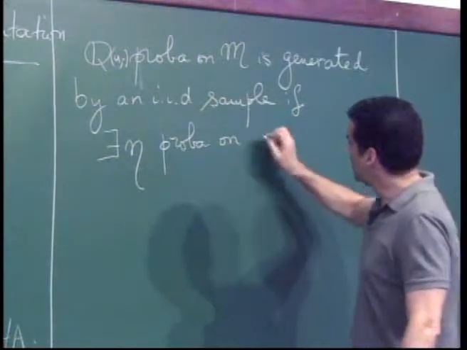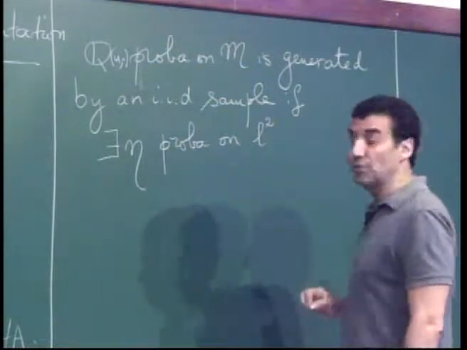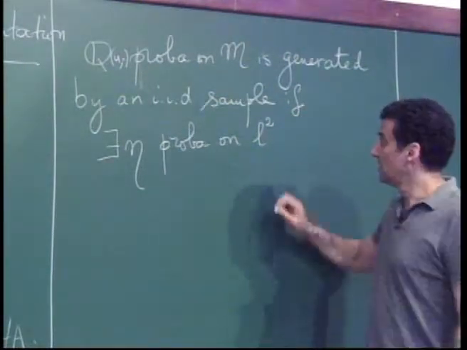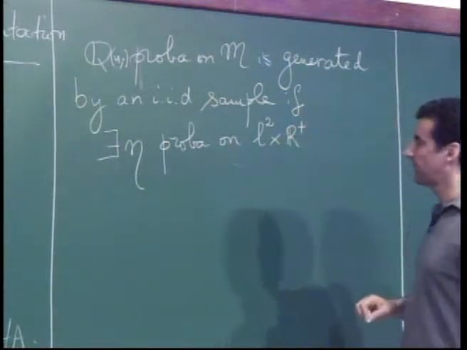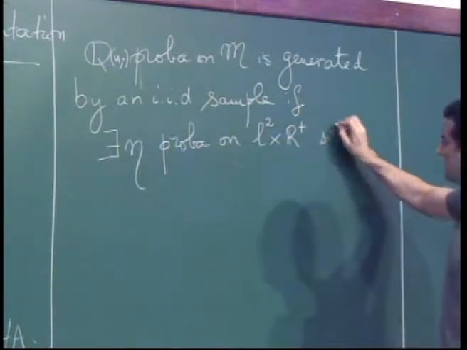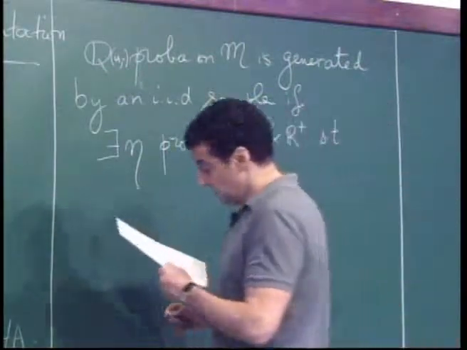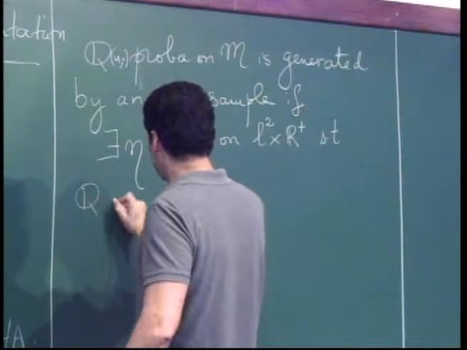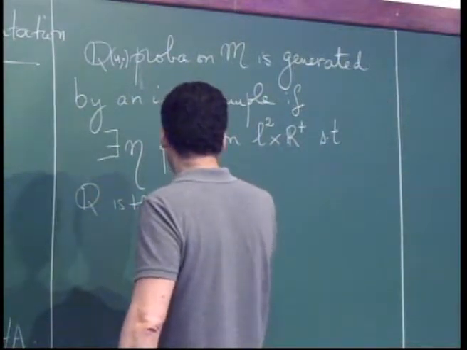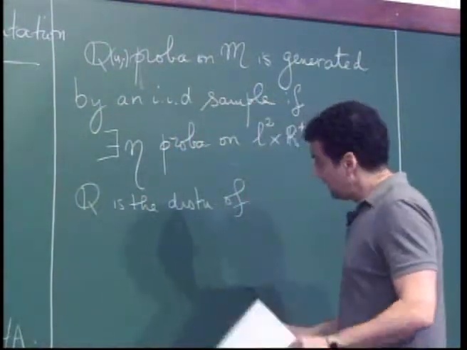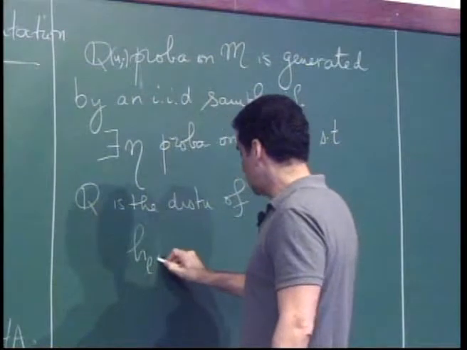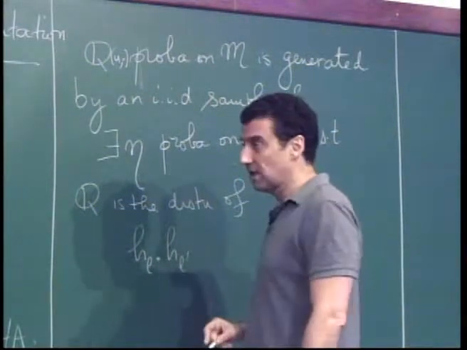I choose L2, but it could be any separable Hilbert space, cross R plus, such that this Q is the law, the distribution of HL inner product HL prime, like we have over there.